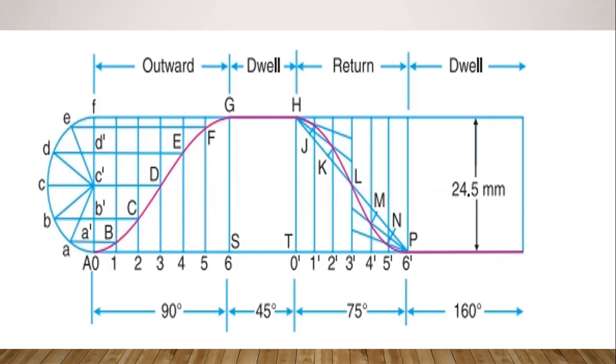So after dividing the semicircle into 6 equal divisions, then divide the outstroke length, that is 90 degrees. So 90 degrees means 9 centimeters. Divide the 9 centimeters length into 6 equal parts.